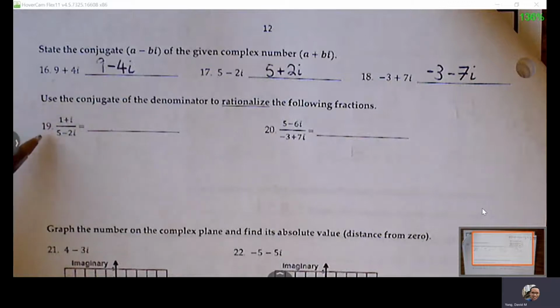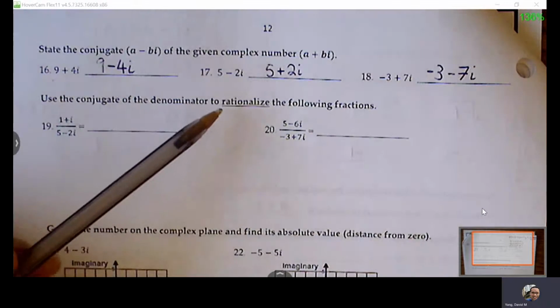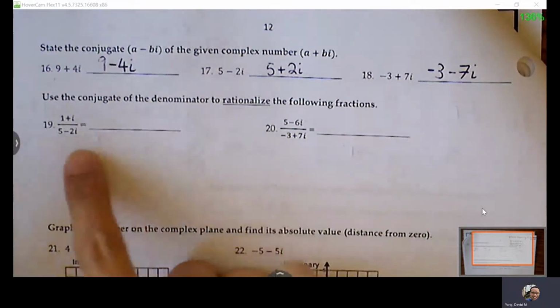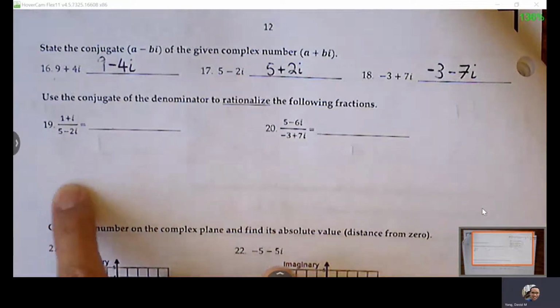Okay, so number 19, use the conjugate of the denominator to rationalize the denominator for the following fractions. So here, I'm going to identify the conjugate for 5 minus 2i, because the conjugate for 5 minus 2i will allow the i to get moved to the numerator portion.